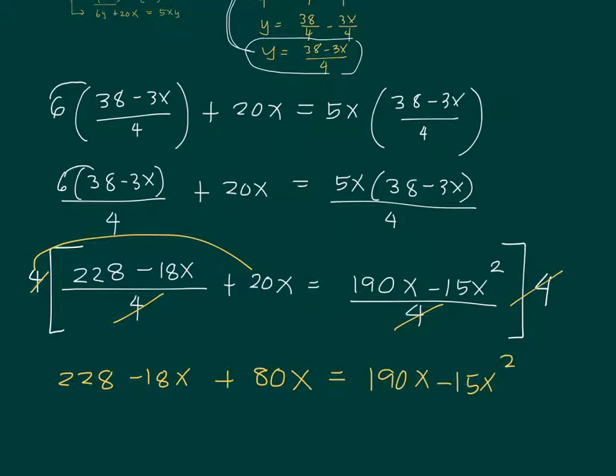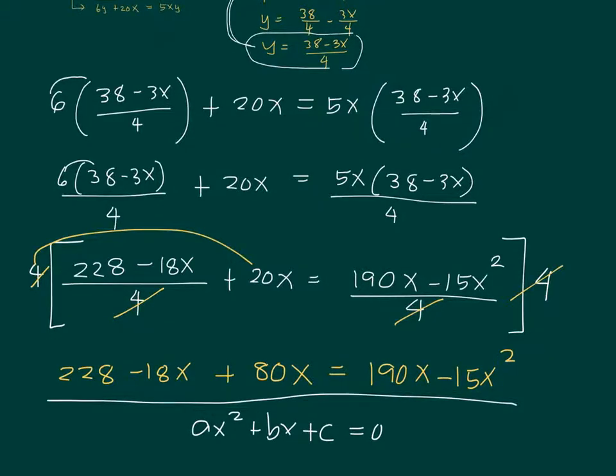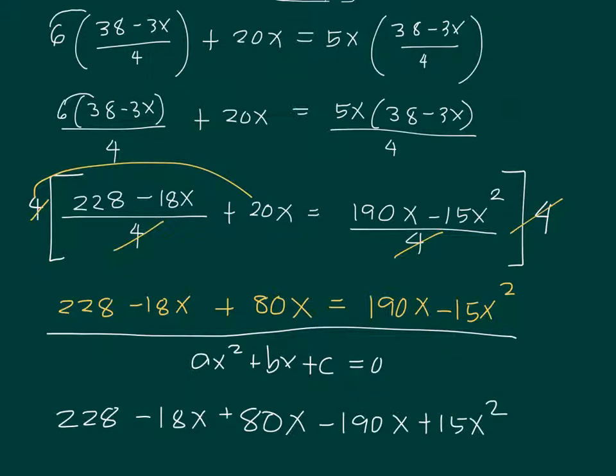Now, if you take a look at this equation, you should see that it will become ax squared plus bx plus c equal to 0. So we apply more steps in simplifying this. So I can have 228 minus 18x plus 80x minus 190x plus 15x squared equals 0.